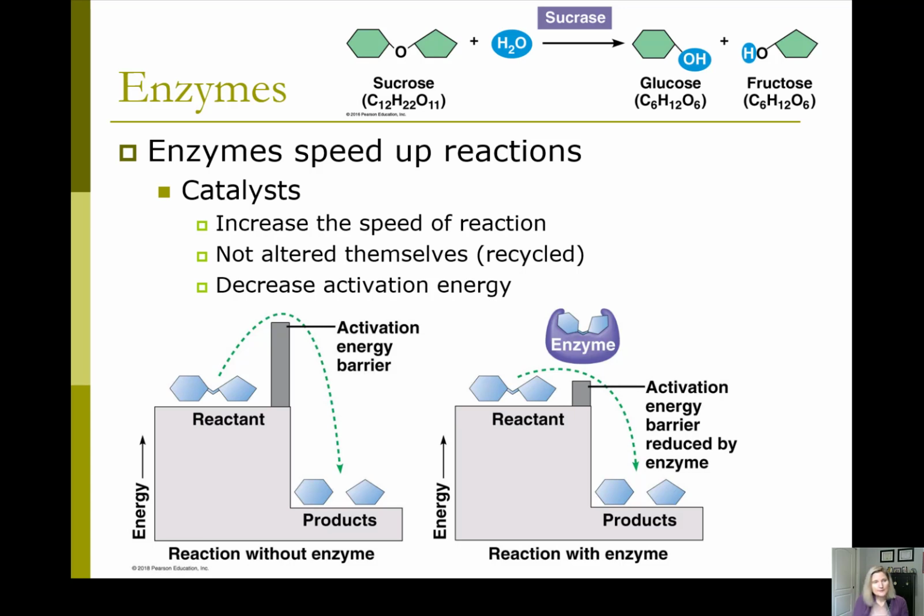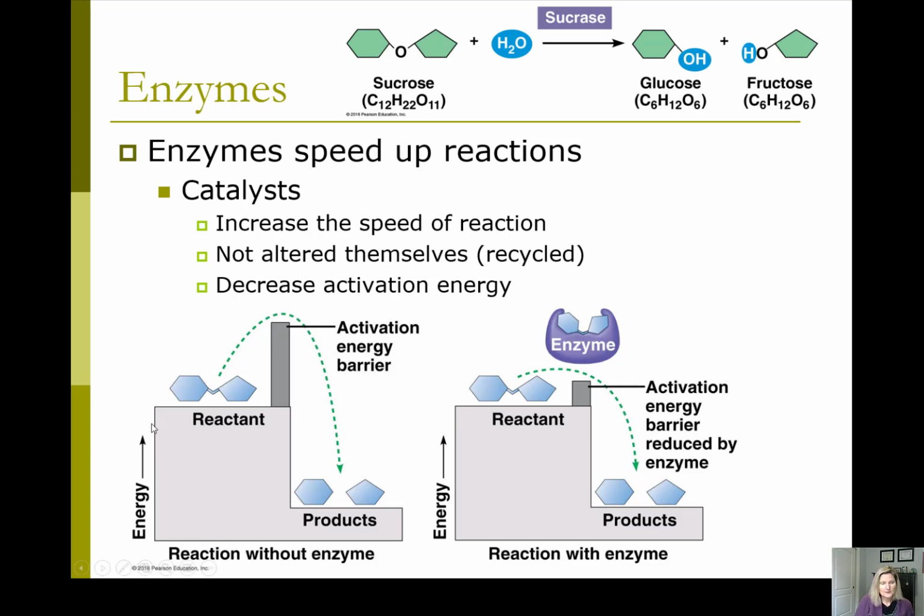Enzymes catalyze reactions, or speed them up. They increase the speed at which a reaction takes place. What's interesting about enzymes is that they are never used up. You can use an enzyme over and over again. It just gets recycled.